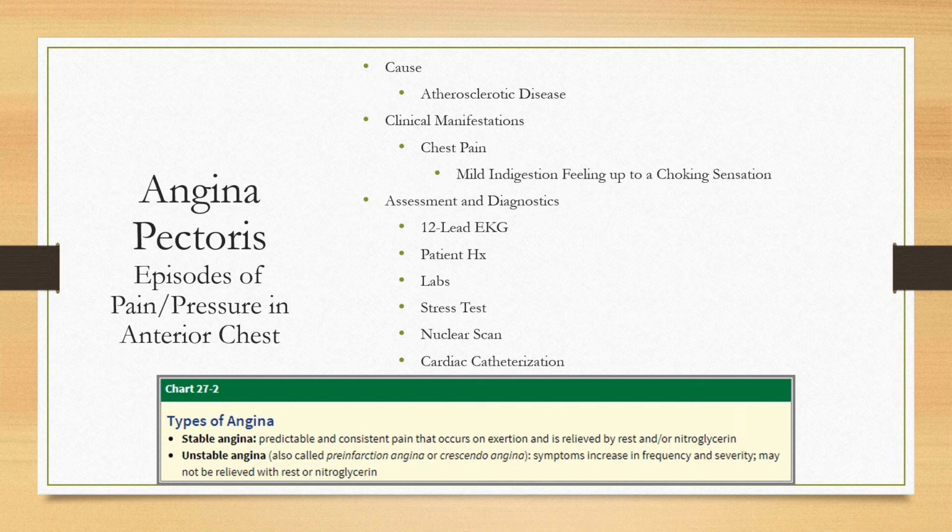Okay, so two types, stable angina is totally predictable. It's totally consistent with a certain amount of exertion, and then it's relieved by sitting down and resting, and even taking nitroglycerin. Okay, some people don't take nitroglycerin; they just sit down and rest. But many people have nitroglycerin. They can put a tablet under their tongue. It'll also relieve the pain of angina. Why does it relieve the pain of angina?